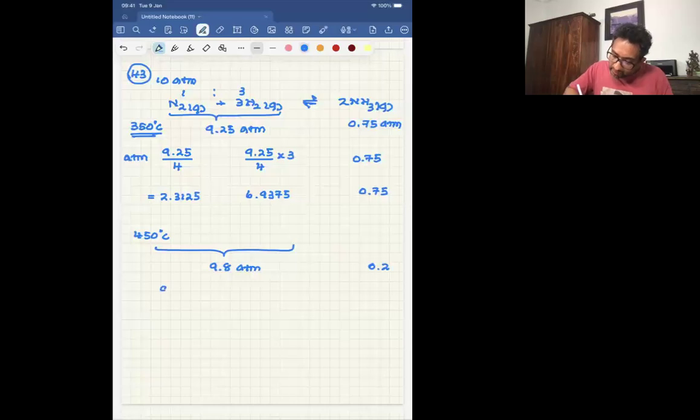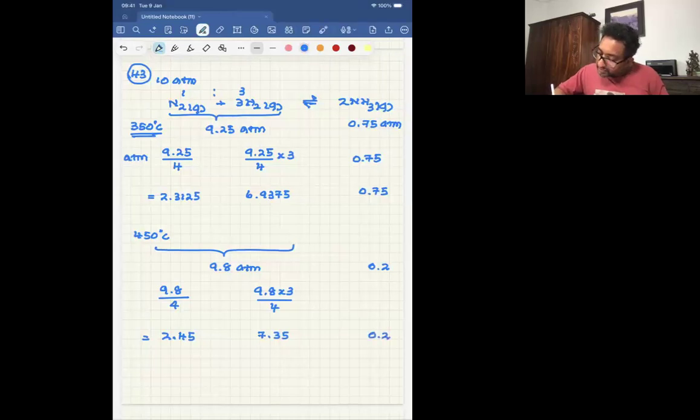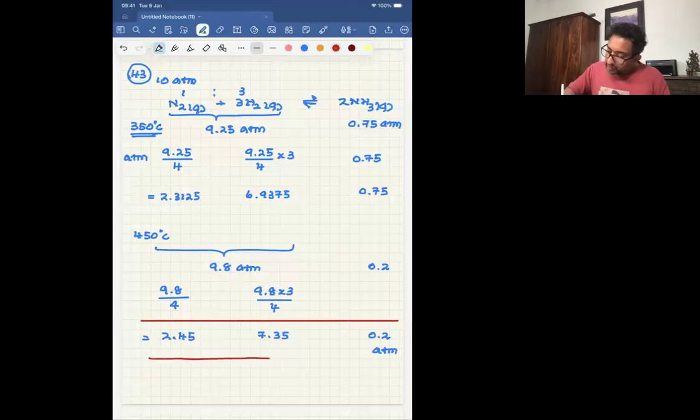So nitrogen is 9.8 divided by 4, which is 2.45, and hydrogen is 9.8 multiplied by 3 divided by 4, which is 7.35, then 0.2 atm for ammonia.